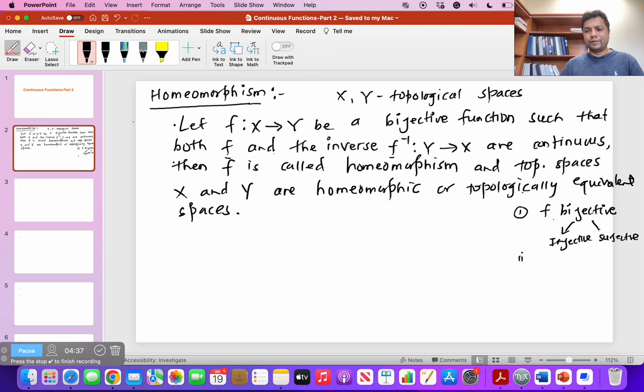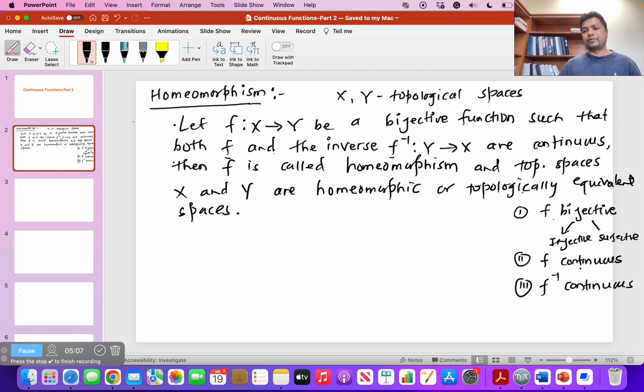If you simply have a function between two topological spaces, in order for it to be a homeomorphism, the first thing is that it has to be a bijective function. The second one is that f has to be continuous, and the third one is that f inverse also has to be continuous.